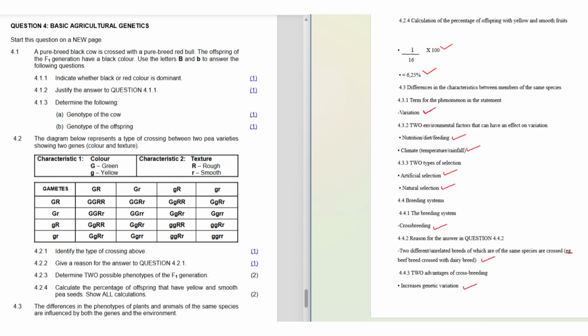Together, this gg and rr are our genotype, the genetic makeup that will help us to determine the phenotype, which is yellow and smooth seed. Step 2. We see that there is only one offspring with yellow and smooth seed. Then we count the total number of our offspring.